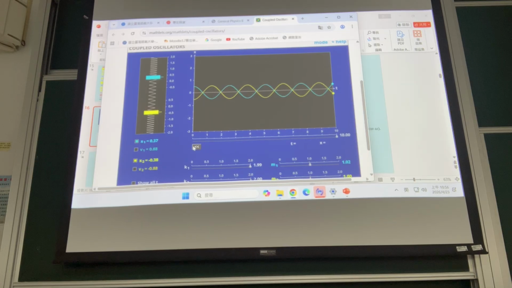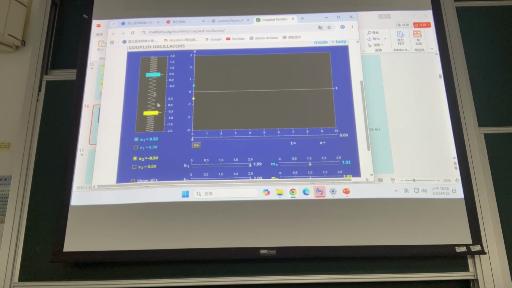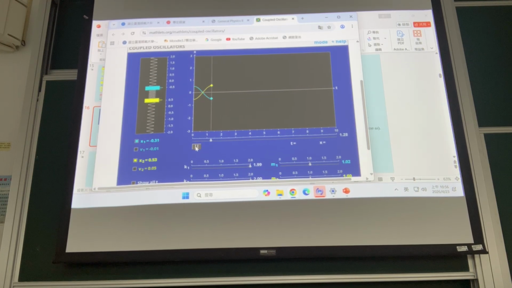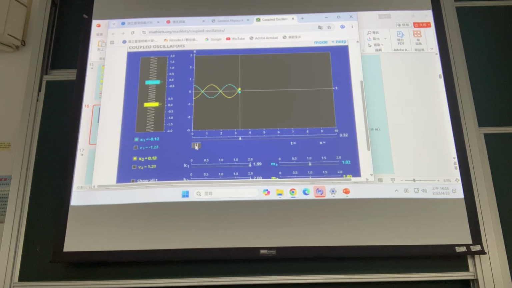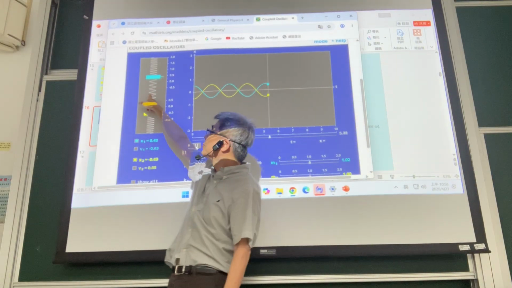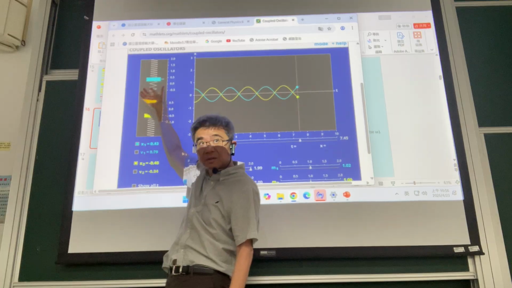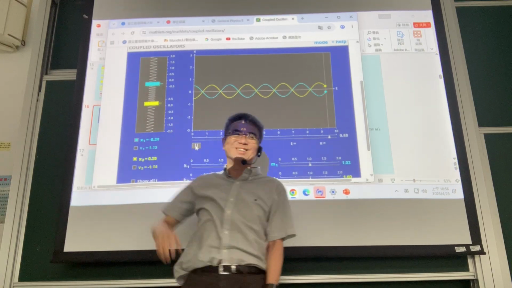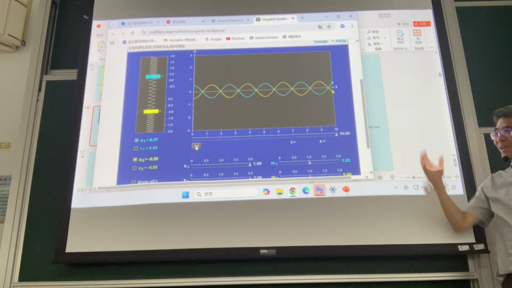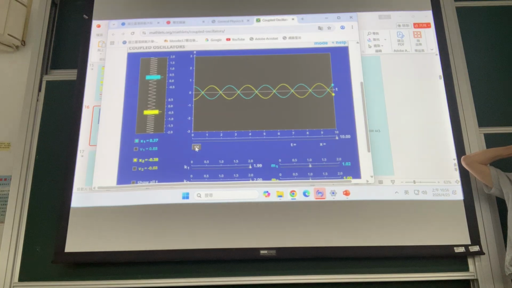What really happened is, in the cartoon, you can see that they move opposite to each other. So the middle spring has some effects. Okay, so it's really a coupled oscillation.